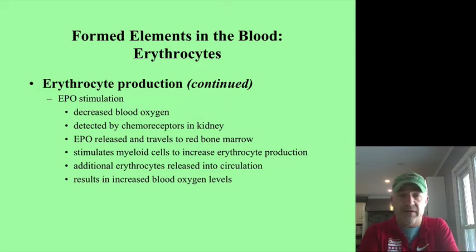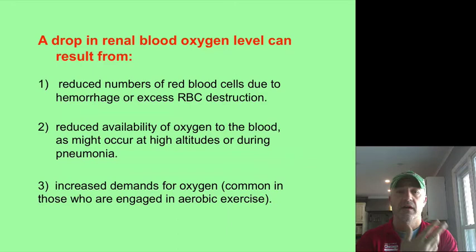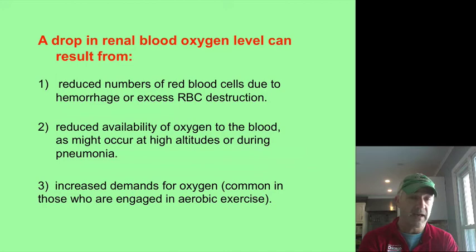So we're going to see EPO in response to low blood oxygen, generally from the kidney, stimulates those myeloid cells to start producing more erythrocytes and increase our blood oxygen levels. And again, we should get the signal a lot of times if we're low oxygen carrying for some particular reason. This could be that you had a bleed and you lost blood. You could be at higher altitude.